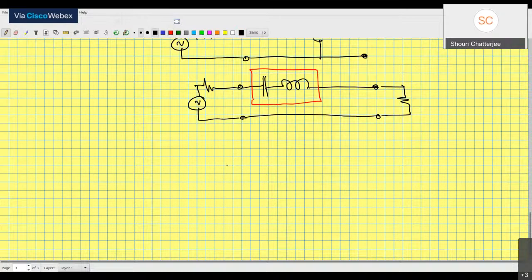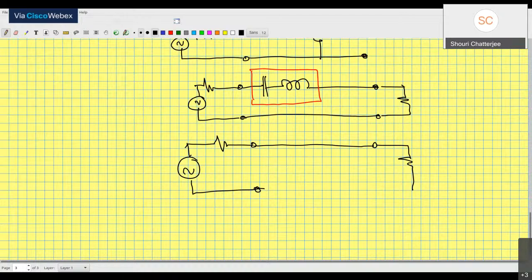Just the same way, we can have a band stop filter. That looks like this. Okay. At low frequencies, this capacitor is an open circuit.